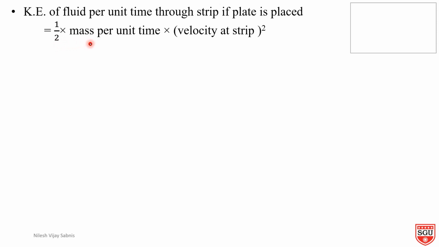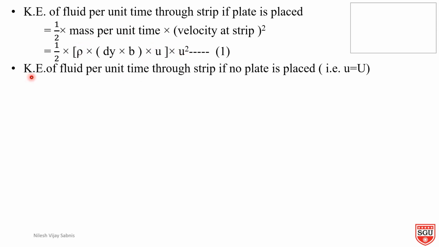Now we have to calculate the kinetic energy. Kinetic energy is nothing but 1/2 mass per unit time multiplied by velocity squared, the velocity at the strip squared. So 1/2 into the mass flow rate multiplied by u squared. Then similarly we have to consider the condition when there is no plate.